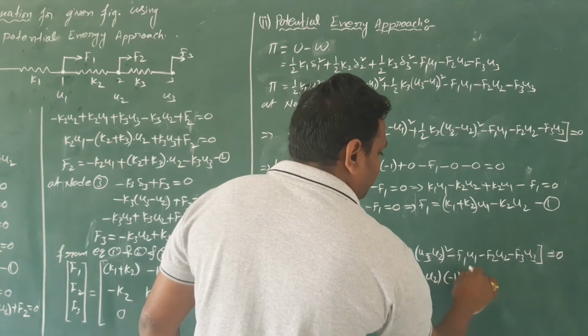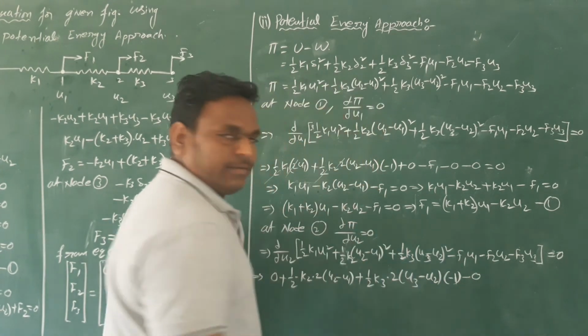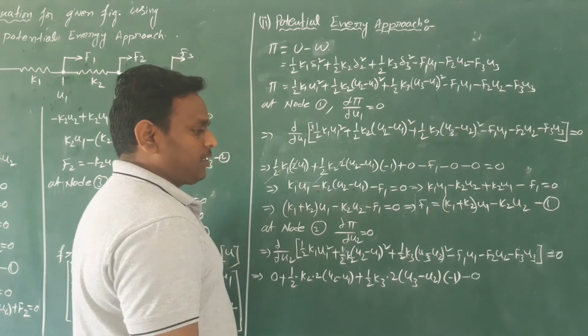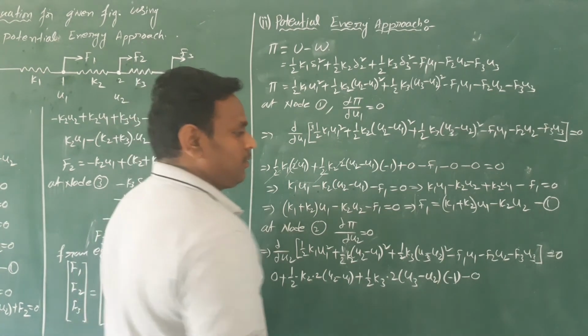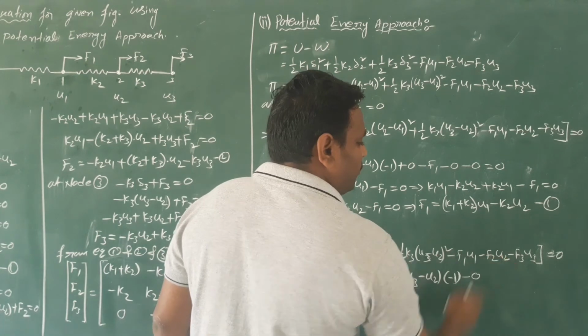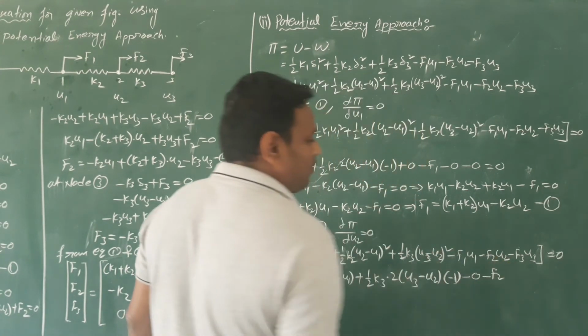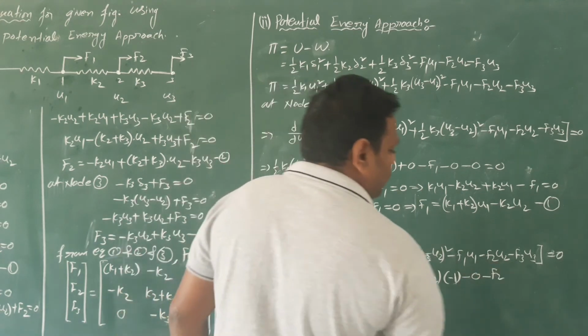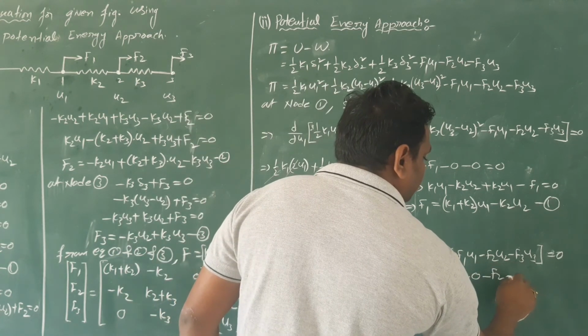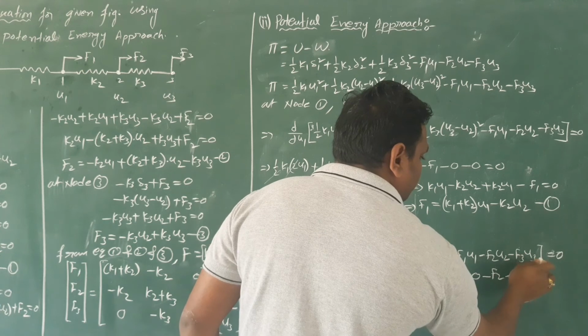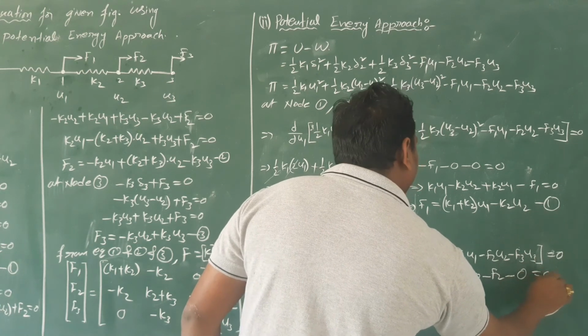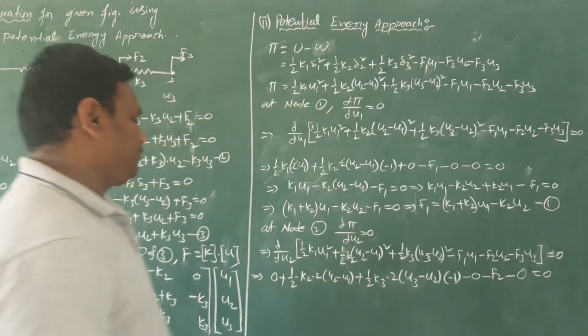Here F1 U1 is a constant parameter with respect to U2, so that's why I write here 0. And U2 differentiation is 1, so finally we got F2. Here is also 0 because there is no U2, that's why I written 0 is equal to 0.